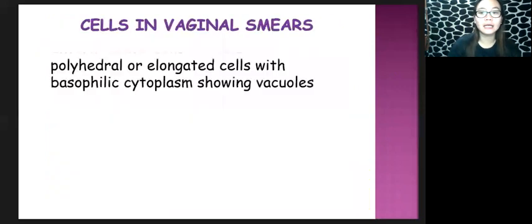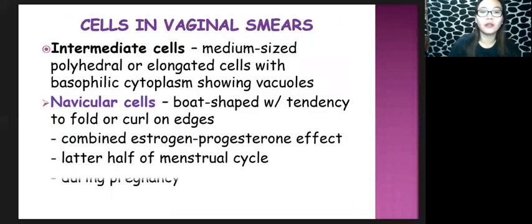Another cell that we are able to see are your intermediate cells. Your intermediate cells are medium-sized polyhedral or elongated cells with basophilic cytoplasm showing vacuoles. And so we have your navicular cells. They are boat shaped with the tendency to fold or curl on edges.